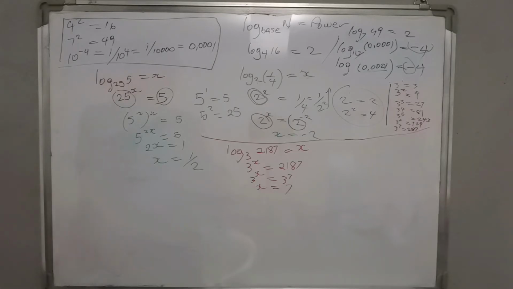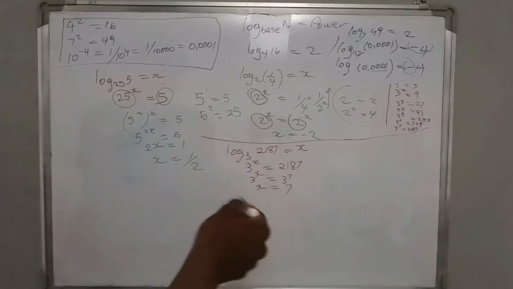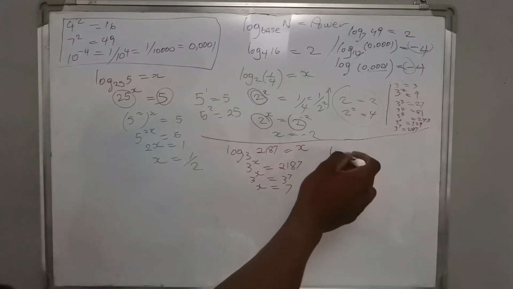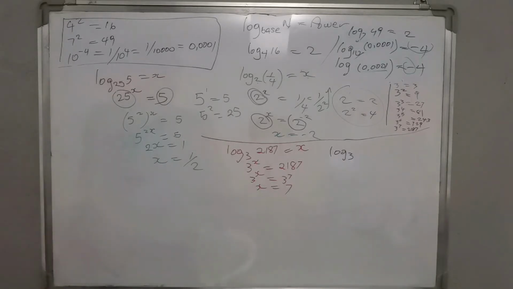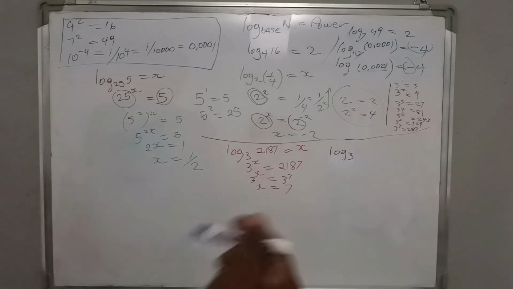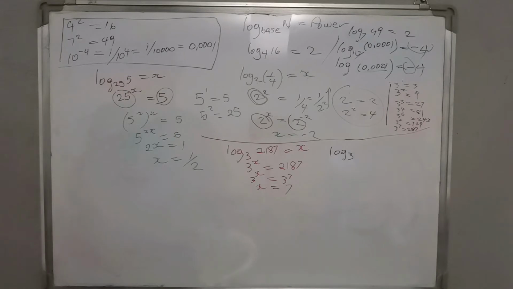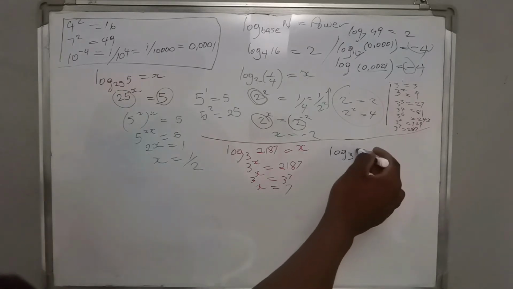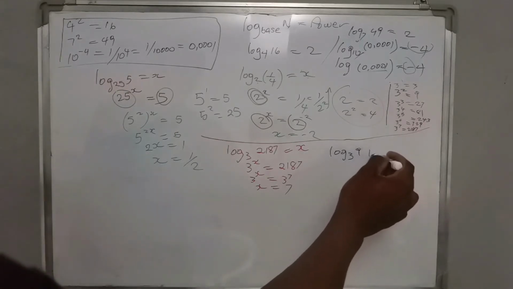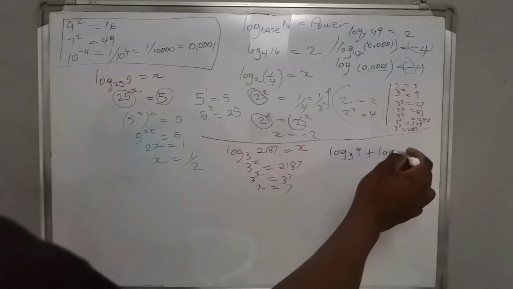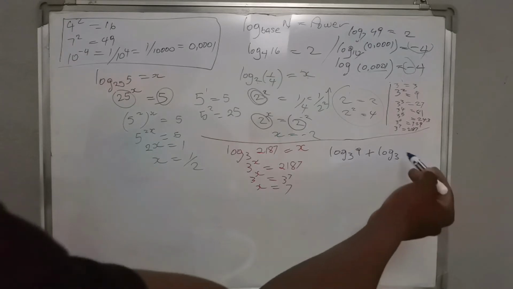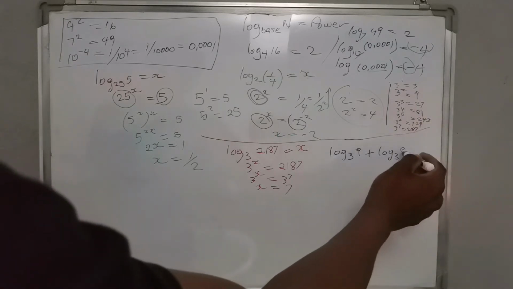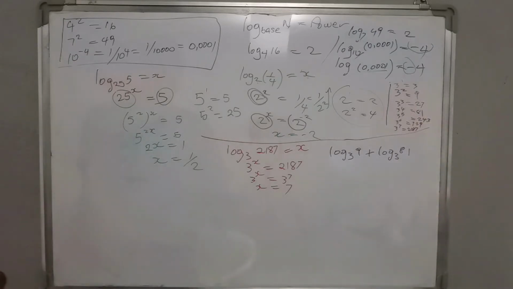Sometimes we will be given something like log to the base 3 of 9, plus log to the base 3 of 81.